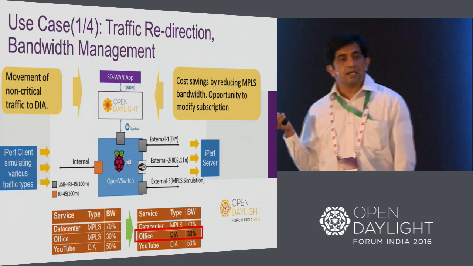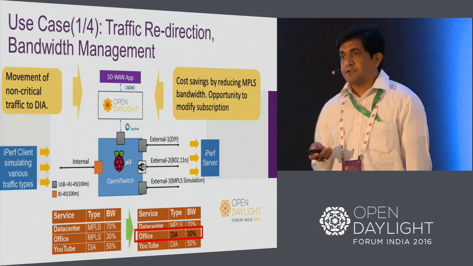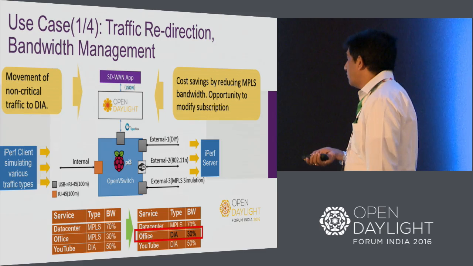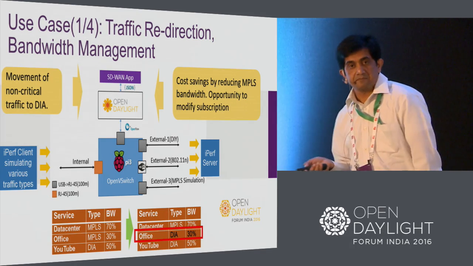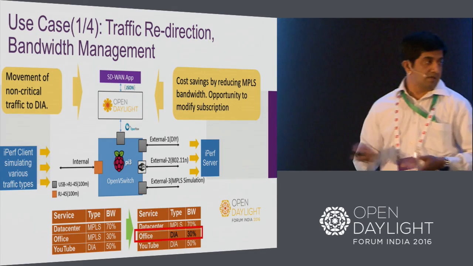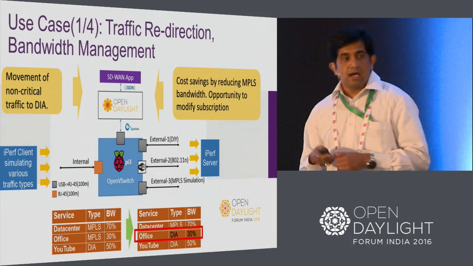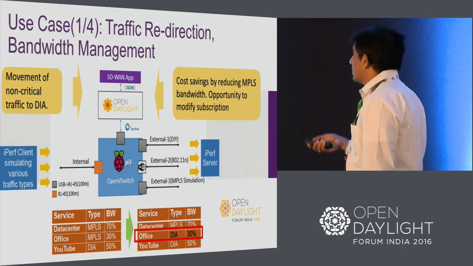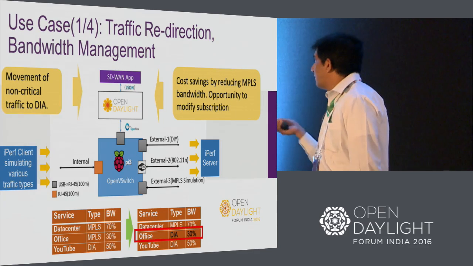So this is a use case. It can be used to show how we can have substantial cost savings if we direct some of the traffic from MPLS to the DIA. It does not stop here. You can add flows to stop any kind of traffic. You can allow any traffic. You can do so many other things with traffic redirection and bandwidth management.